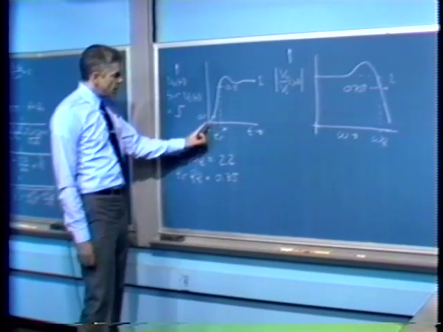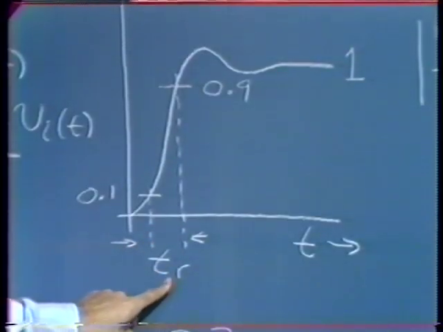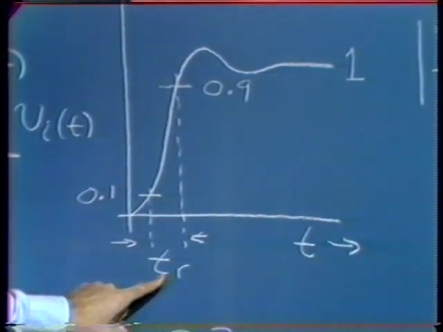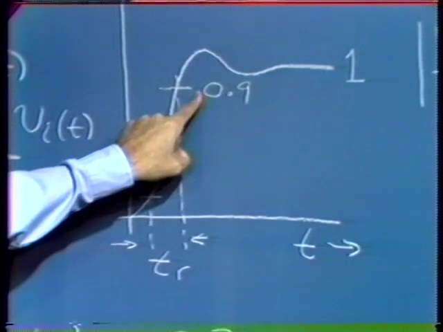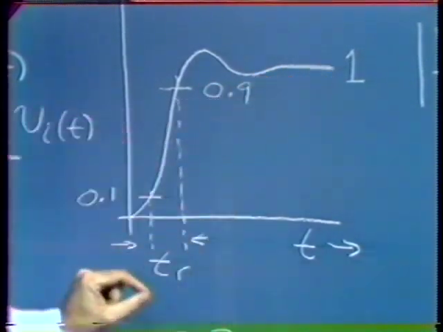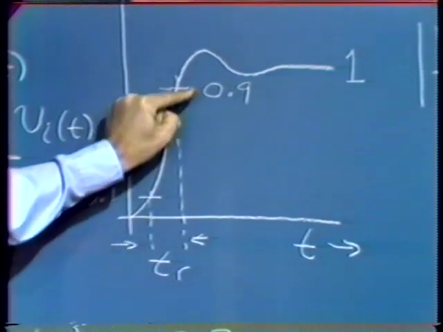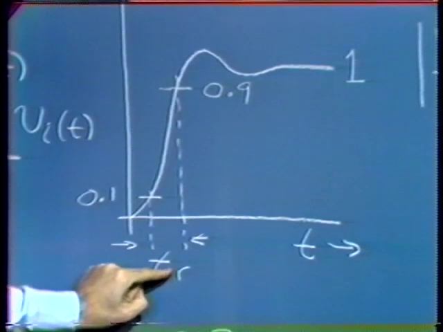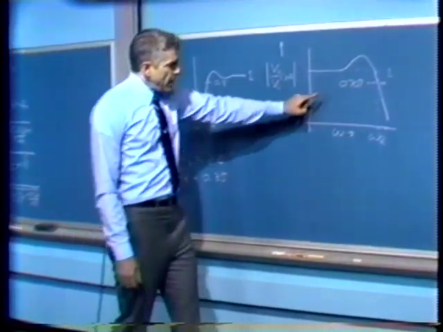And it turns out that if we define a measure of the speed of the step response, the rise time, in other words, the time it takes to go from 10% of final value to 90% of final value. We've normalized the step response to have a final value of unity.